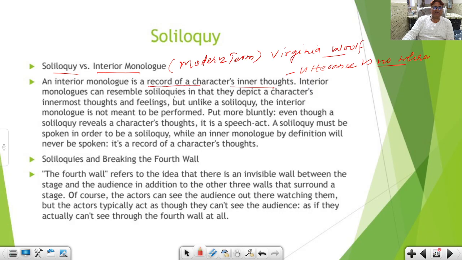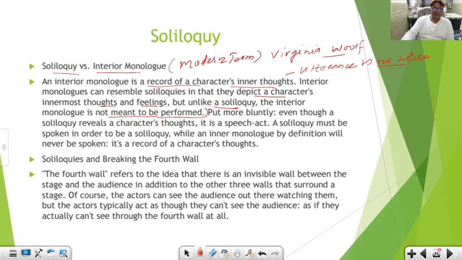Interior monologues can resemble soliloquies in that they depict a character's innermost thoughts and feelings, but unlike a soliloquy, the interior monologue is not meant to be performed. Now see the difference between soliloquy and interior monologue.